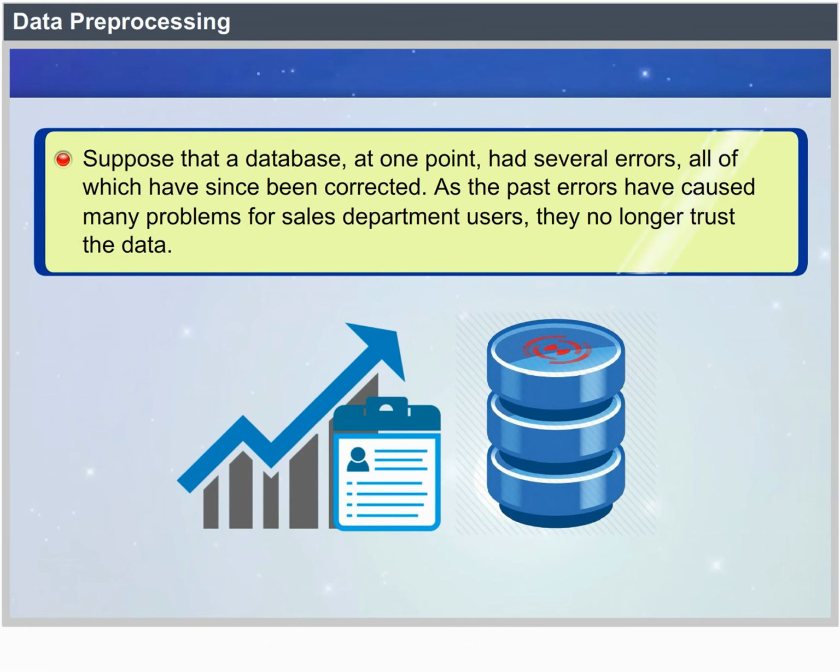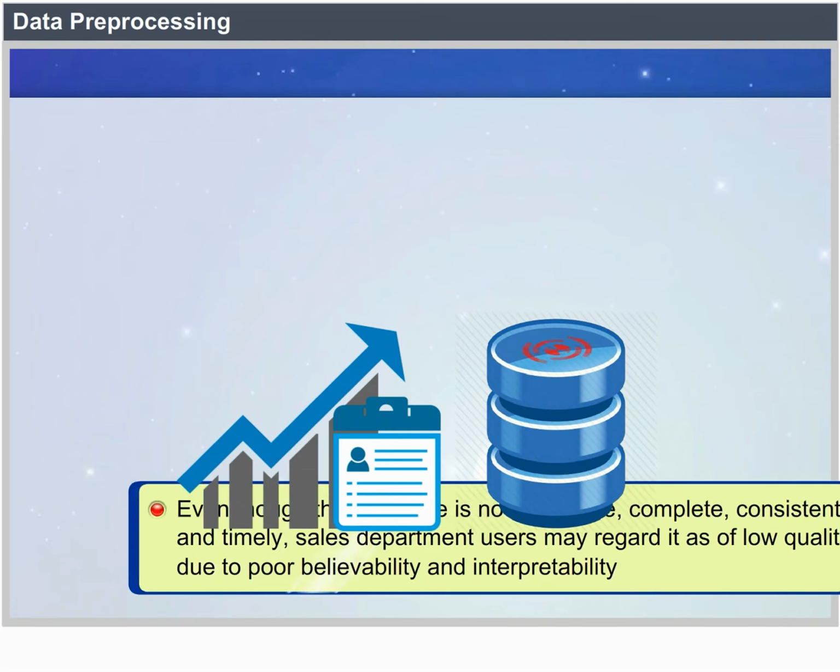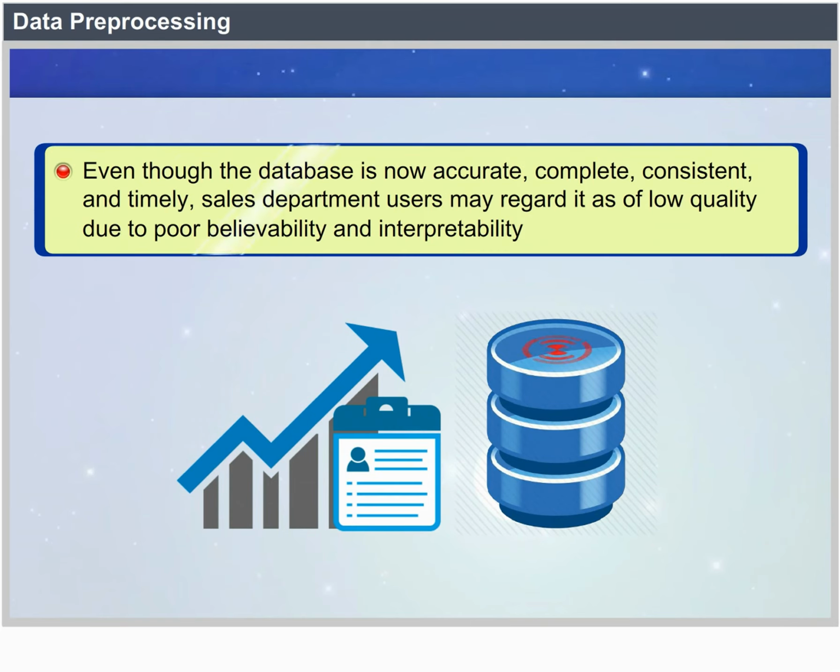The past errors, however, had caused many problems for sales department users, and so they no longer trust the data. The data also may use many accounting codes which the sales department does not know how to interpret. Even though the database is now accurate, complete, consistent and timely, sales department users may regard it as of low quality due to poor believability and interpretability.